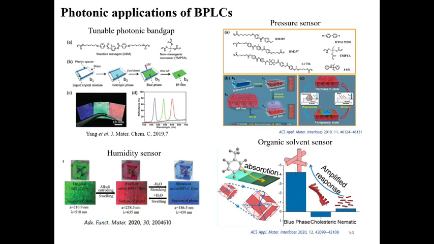So in order to better use this kind of blue phase, as I mentioned, all the studies I have introduced to you so far are still based on the material being in a liquid state. If in the future you want to use it for different applications, you definitely want it to be more solid, so that you can carry it and place it on different surfaces.